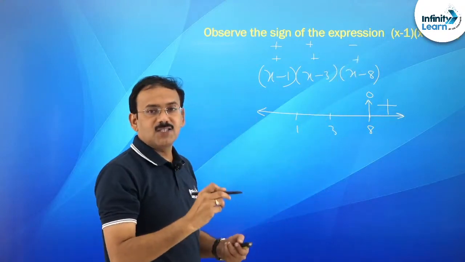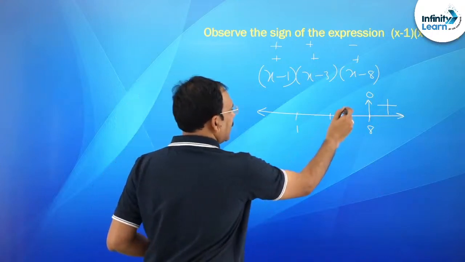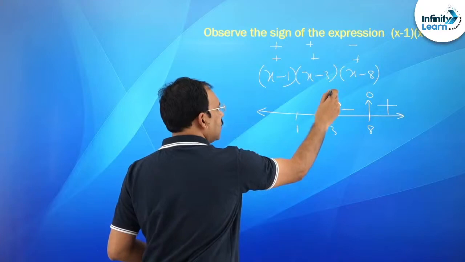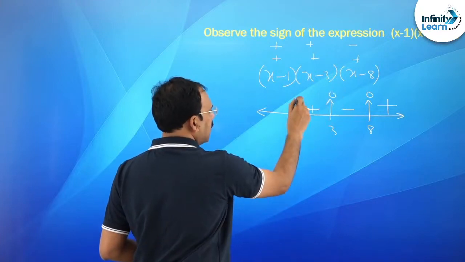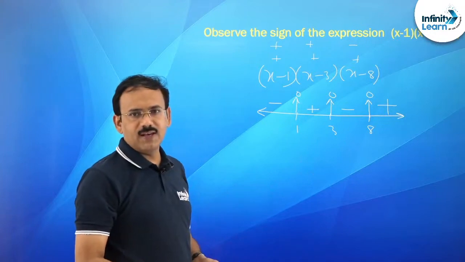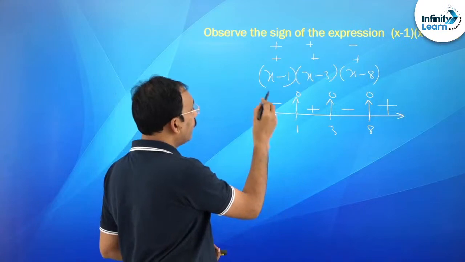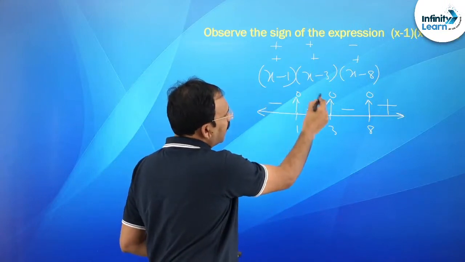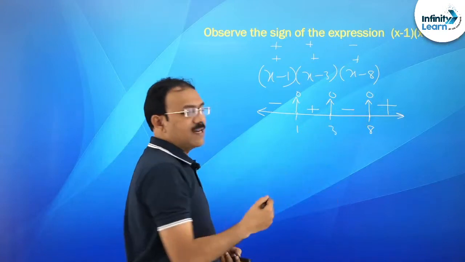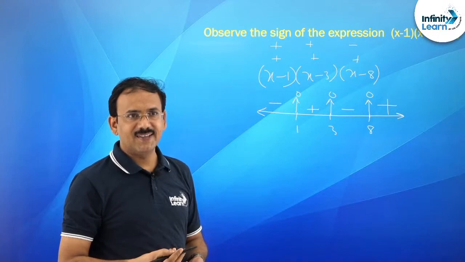So 2 positive, 1 negative, the product is going to be negative. If you continue this phenomenon, you will get here 0 and here positive, here 0, here negative. 0 is okay, it is very clear. Now if you take a cubic expression with leading coefficient positive, you can observe its sign to be like this: the extreme right side interval positive, then negative comes alternately, right.